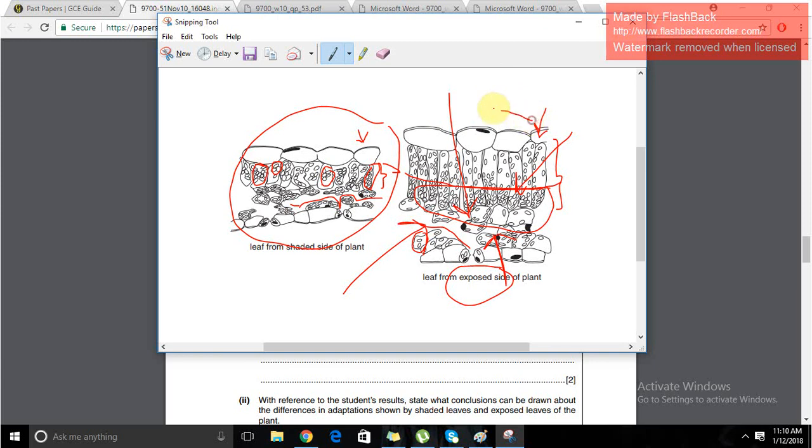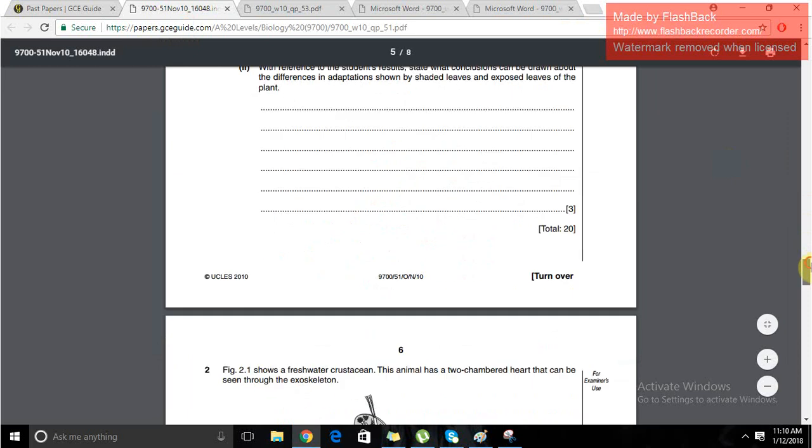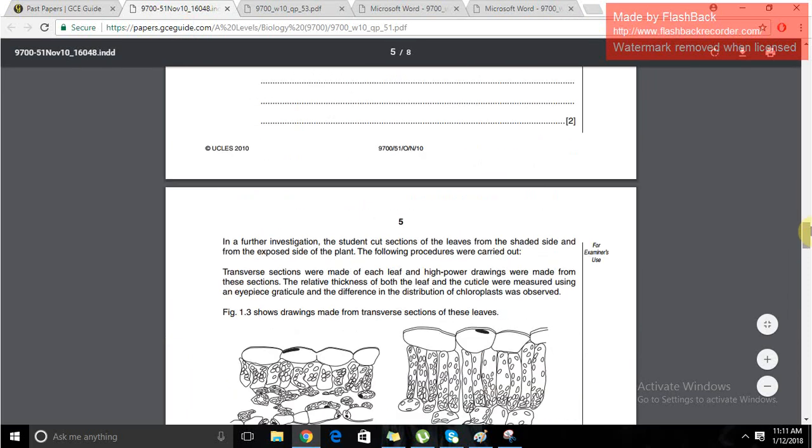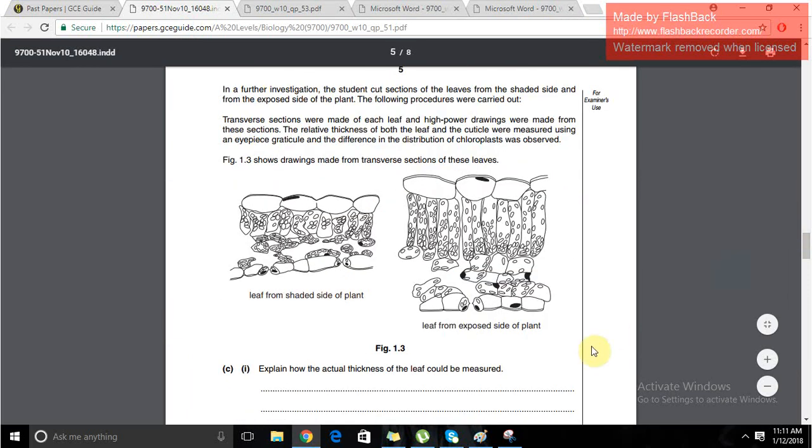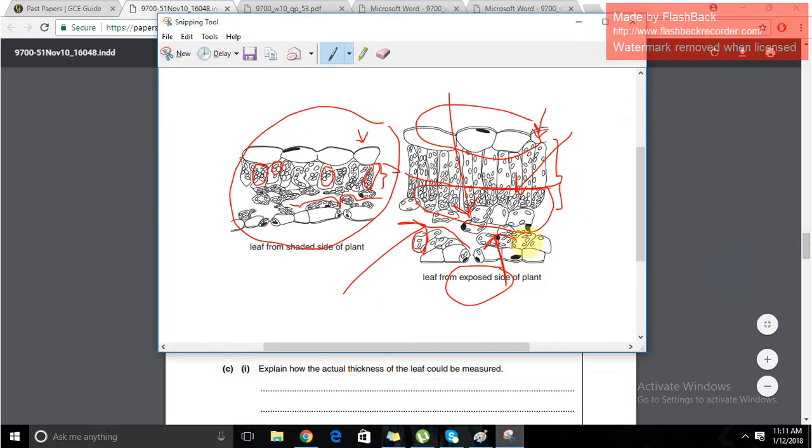So definitely write about the cuticle and the chloroplast distribution, because the reasoning seems set enough, and we need at least a third point to get the full marks. What else could they be? And then the central and non-central distribution of the chloroplast, and the differences in the width of the cuticle.